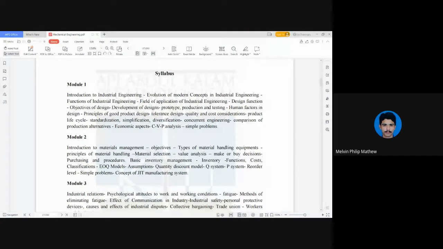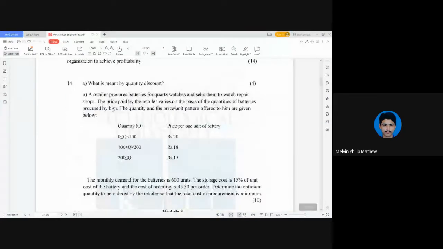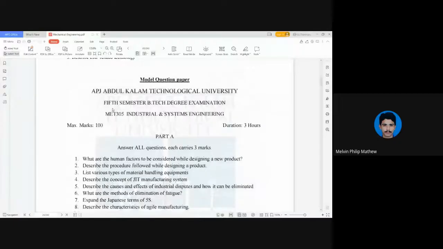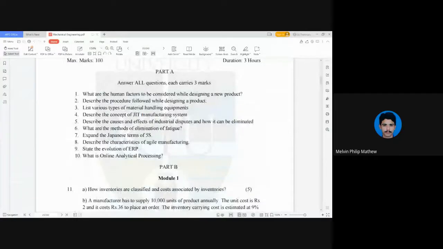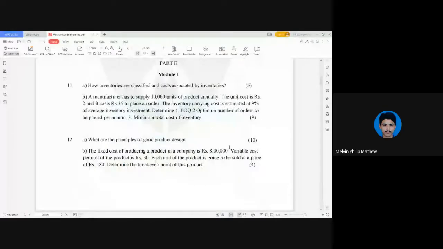Then this is the sample of your question paper. So you can see a 3 hour question paper with 100 marks and 5 modules, part A and part B given. Part A carries 3 marks, while in part B, each question carries 14 marks.